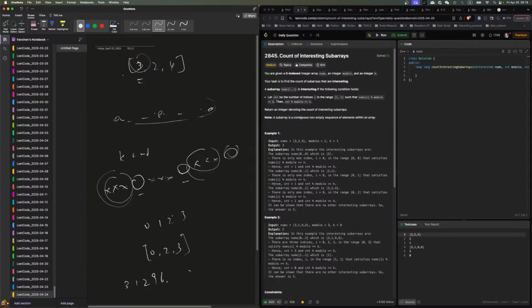So we want to count 0, any subarray that does not involve them. So basically we have this. I think it's the length, I just want to know how many. It's n minus 1 times n divided by 2. So this is 2.